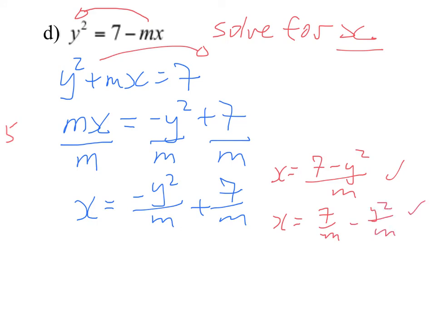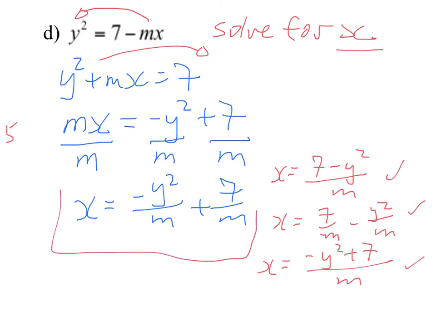That's the exact same thing. As is, if I did what we just have in blue, but it's all over m. Those 4 solutions are really all the same thing, so they'd all be acceptable. That was the one I came up with, but the ones on the right are fine.